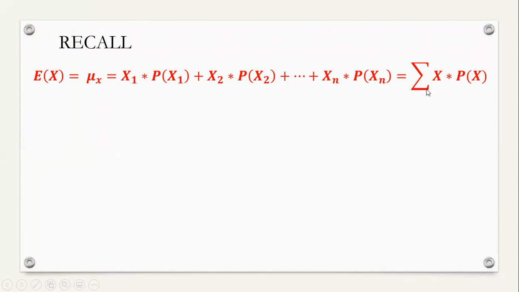In short, you need to get the summation of the product of X and the corresponding probabilities. That's the expected mean.